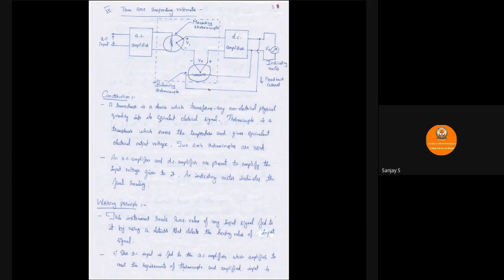Coming to the operating principle, initially we give the AC input, and suitable amplification is done by the amplifier, and that is connected to the heating element of the thermocouple. The heating element of the thermocouple dissipates energy in the form of heat, and since it's a thermocouple, that is converted into an equivalent electrical signal, measured as V1 as seen here.